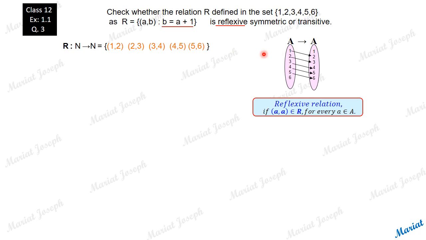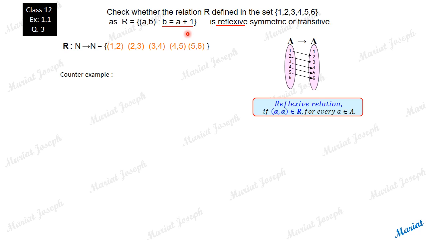That means (1, 1), (2, 2), (3, 3), (4, 4), etc. As we see here, the (1, 1) pair is not in the relation. Why? Because if you place a as 1 and b as 1, this equation is not true. 1 plus 1 is not equal to 1. So the ordered pair (1, 1) is not following this condition.